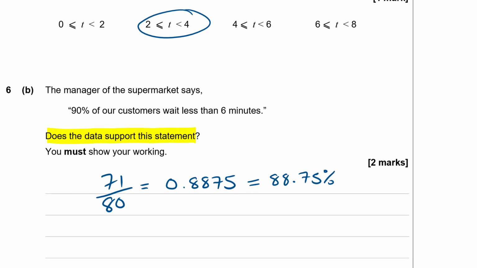So you could say yes, 88.75 rounds to 90, so it was reasonable for the manager to say that. Or you could say no, 88.75% is below 90%. Personally, I think the manager's stretching it a little bit here by saying 90%, so I'm going to go with no.